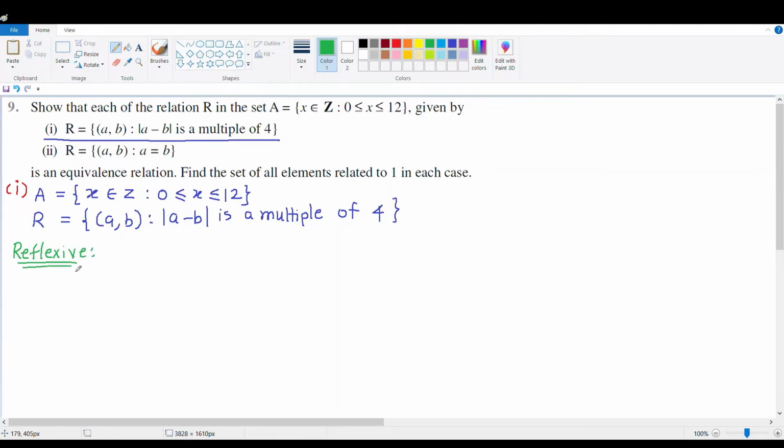The definition of reflexive is that (a, a) belongs to R for every a belongs to A. Now let (x, x) belong to R. The rule to belong to R is that mod of a minus b is a multiple of 4, so mod of x minus x should be a multiple of 4. Is that a multiple of 4?